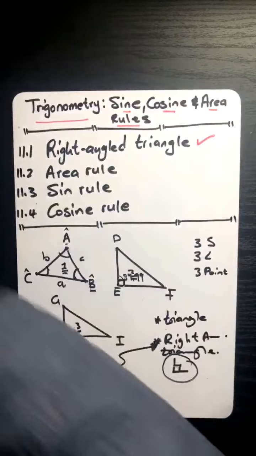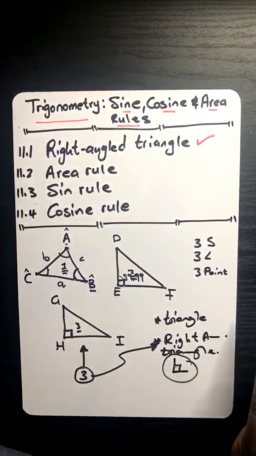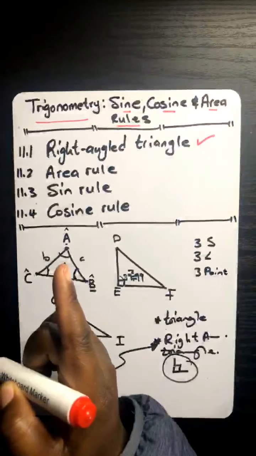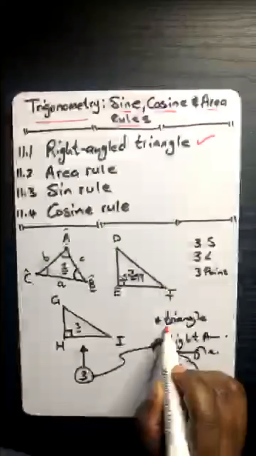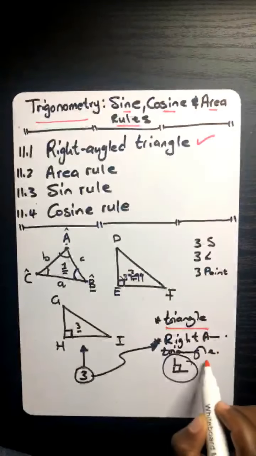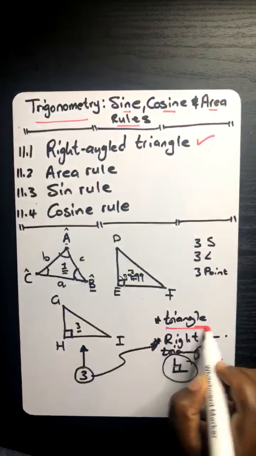But why is it important for us to know if a triangle is a right-angled triangle or just a triangle? Remember, guys, a triangle is either a right-angled triangle or it is just a triangle.